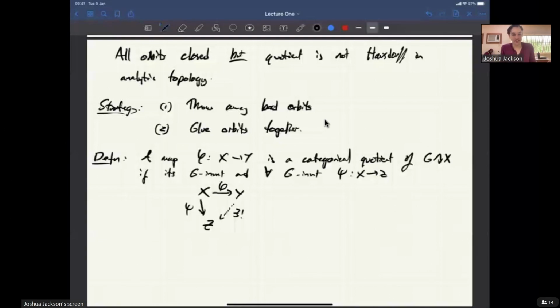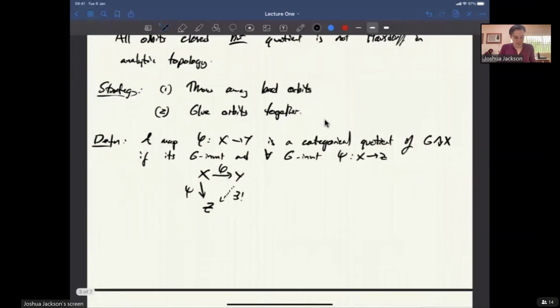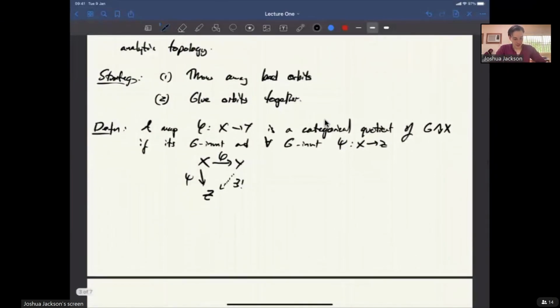And even if it does, there's no reason it should be especially nice. Like the best possible answer could actually be quite bad. So what we're going to need is some kind of method of generating categorical quotients, sort of determining whether they exist. So let me introduce what I'll call the basic idea of GIT, which we have already seen in Ali Craw's talk.